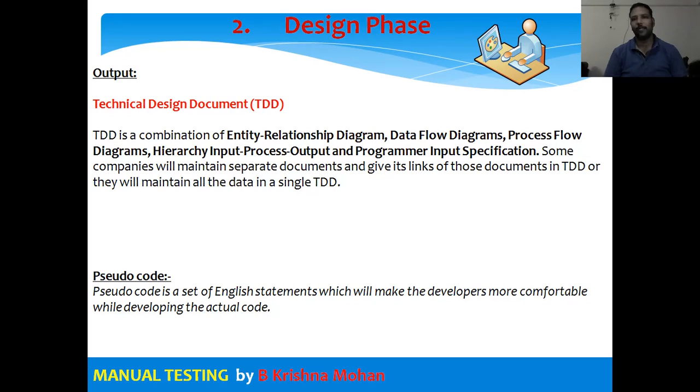This document contains the inputs for the programmer to write the programs: what functions should be used, what the function names will be, what the interface names will be, what the variable names will be. All will be mentioned here.